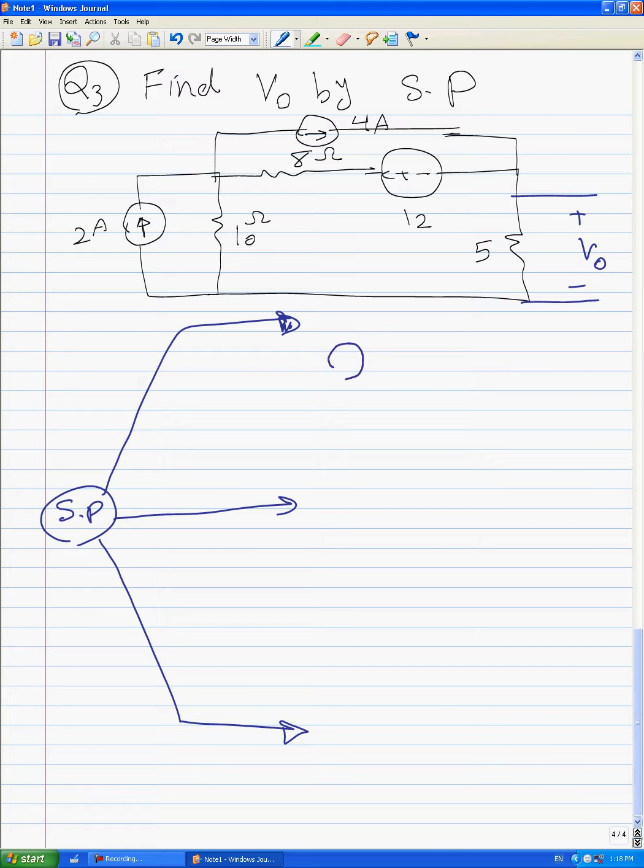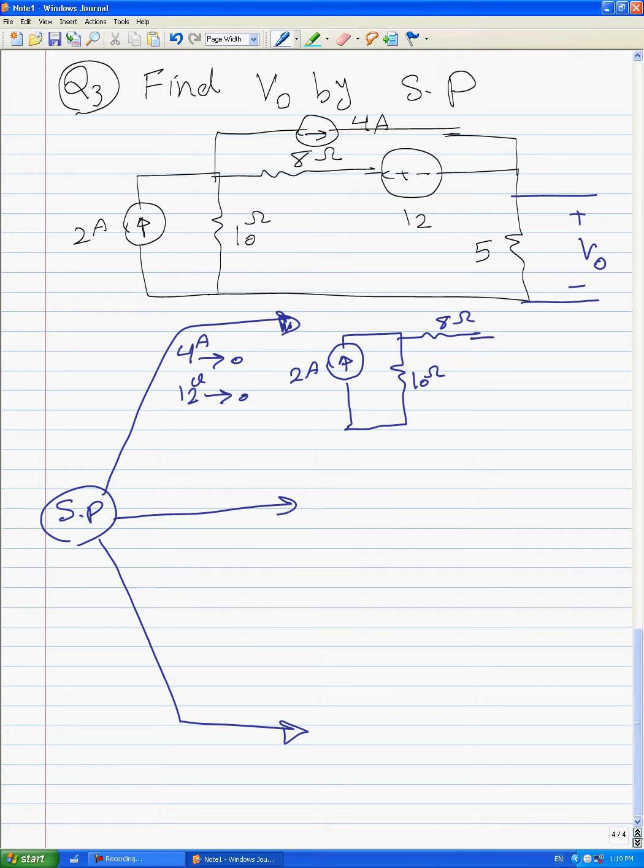Sub-circuit 1: we consider 2 amps, and change 4 amps to 0 and 12 volts to 0.